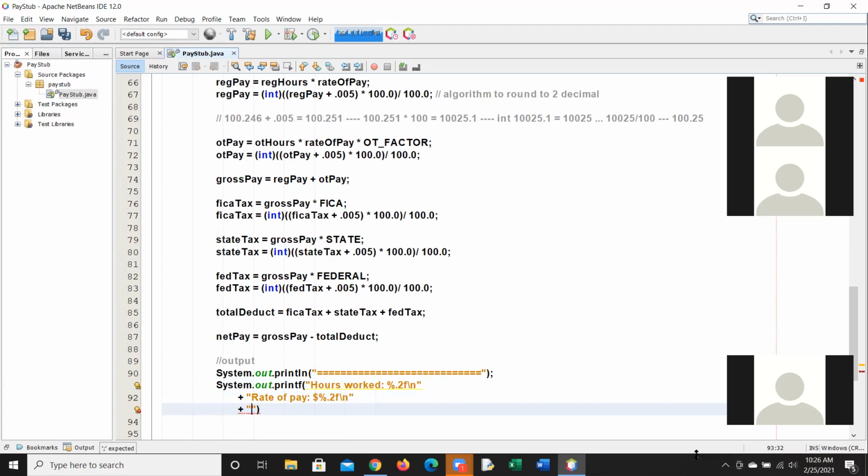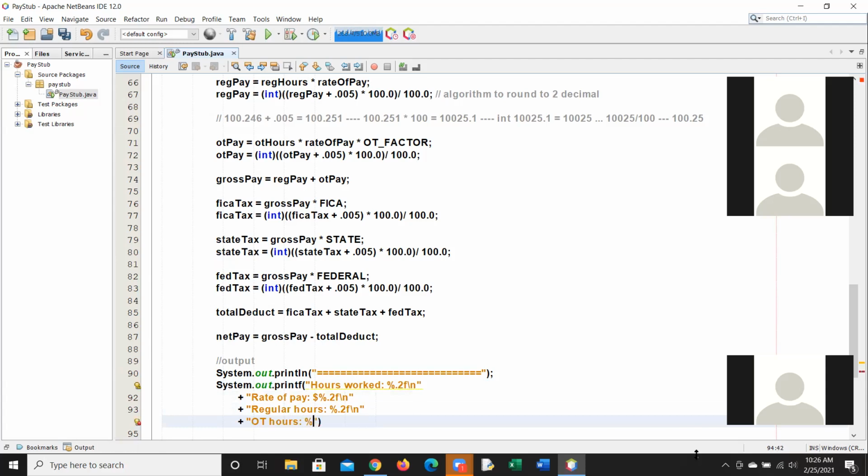And then rate of pay. And then I'll have regular hours. And it'll just be a % sign, 0.2f, \n. And then I'll have OT hours.